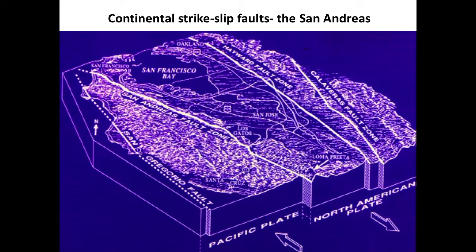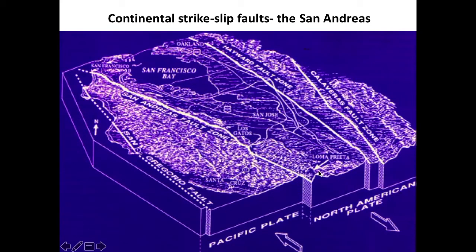So here's a sort of oblique view of part of central California. So San Francisco is up here, and the San Andreas Fault is running northwest, southeast through here. And you can see in 3D how they've sort of showed these different blocks.